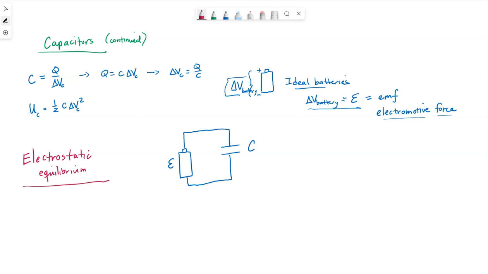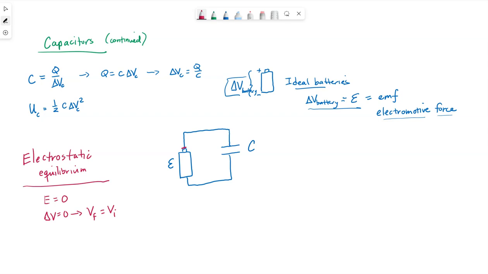Why is because we remember that inside a conductor, electric field is 0, delta V then is 0, meaning V final equals V initial. That means for any 2 points on or in our conductor, they're going to have the same electric potential value.